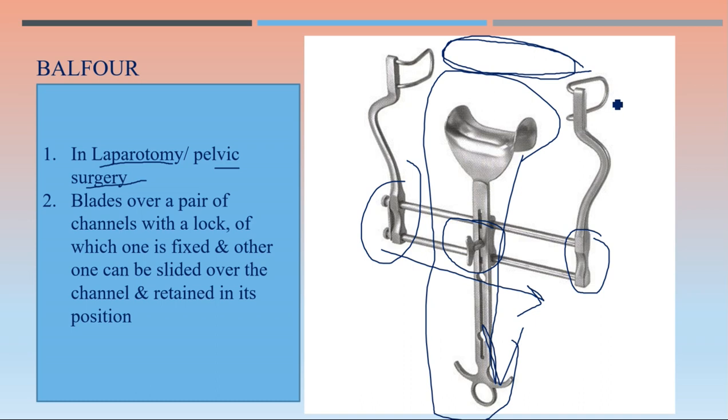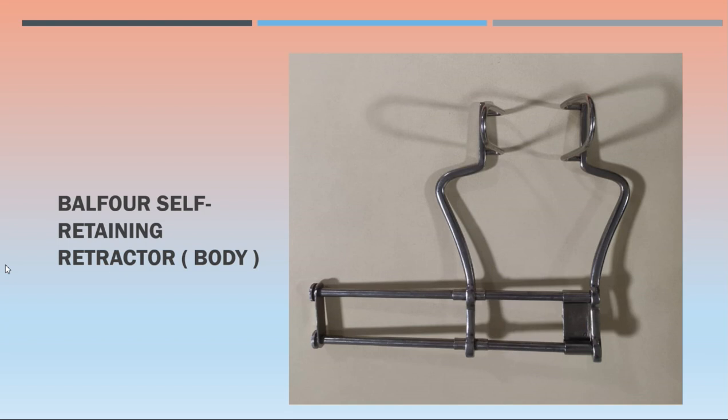right? This portion goes inside covering one margin, and this is the other margin, and this one is the blade to retract the urinary bladder or the lower abdominal organs, right? So this is used in cases of laparotomies. Balfour self-retaining retractors.